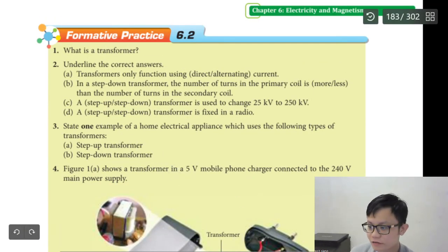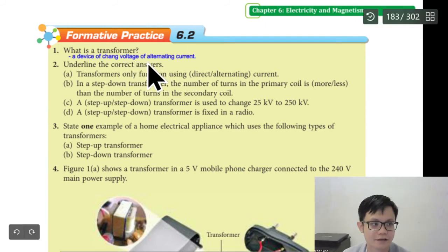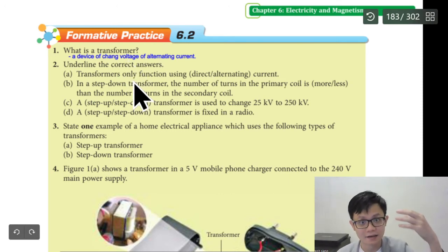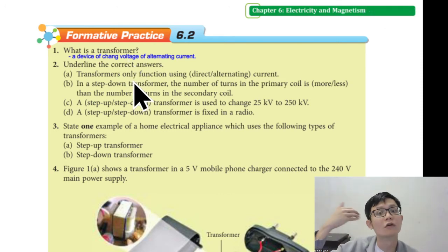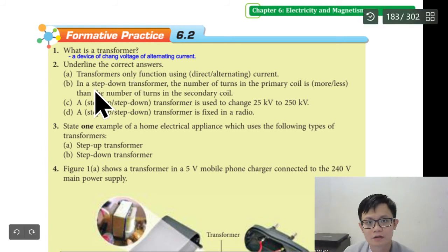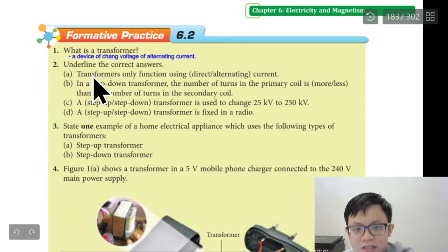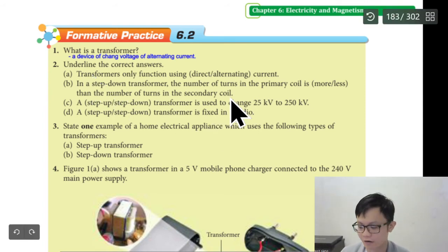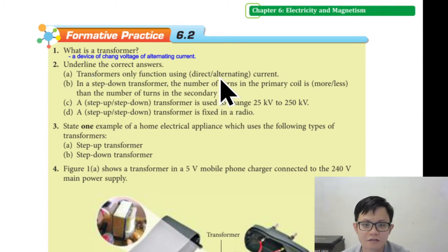Okay, let's do this very fast. What is a transformer? A transformer is a device to change the voltage of alternating current. Either you want to change it to higher or to lower. Transformers only function using alternating current.